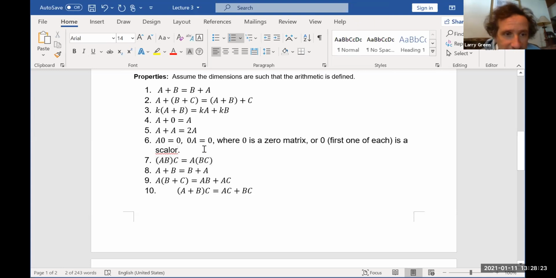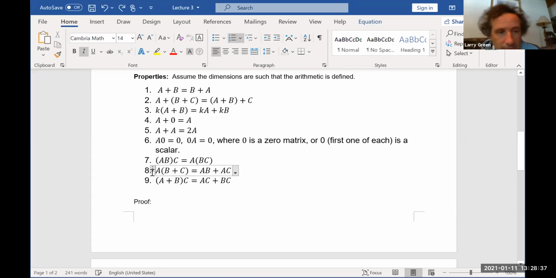Okay, A times B plus C equals A times B plus A times C. That's the distributive property, but now it's matrix multiplication instead of scalar multiplication. So notice 3 and 8 are very different, even though they look similar. And A plus B times C is AC plus BC.